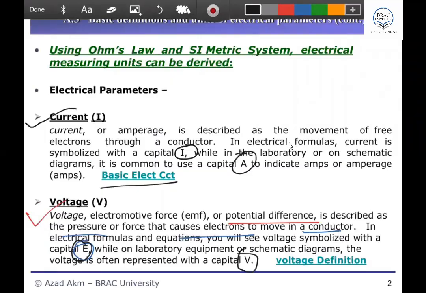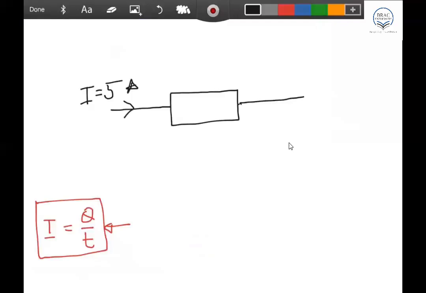Based on this, we can see the current flow direction like this, as you understand. So everybody can understand this must be the positive and this the negative, and the potential may be E. If the potential is positive here and negative here, because the current is flowing in this direction, we assume higher potential to lower potential.